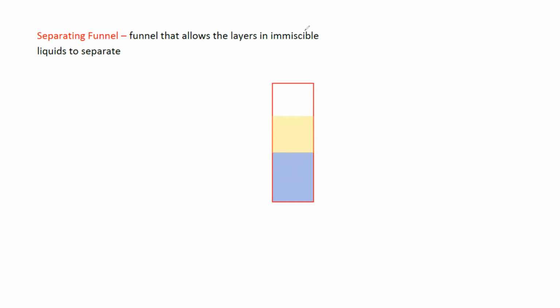So this one is oil, and at the bottom you have water. Now how do you separate this? You transfer them into a separating funnel. I am drawing a rough diagram of the separating funnel.